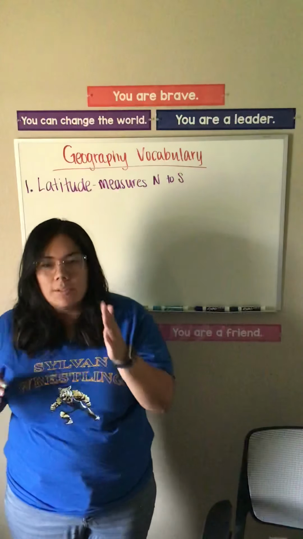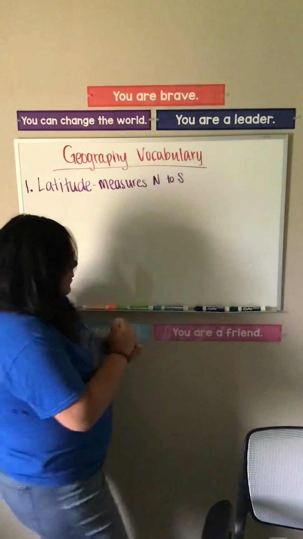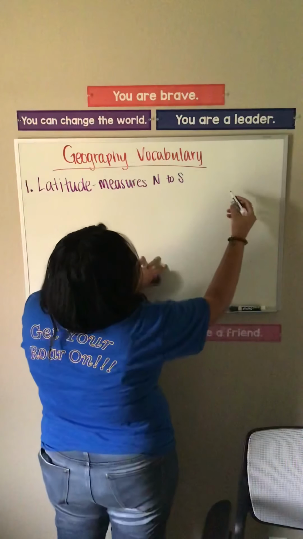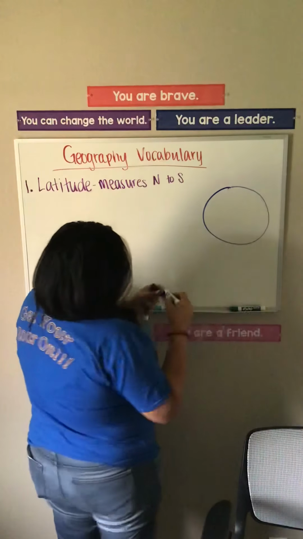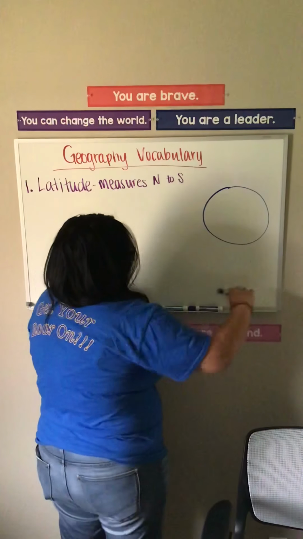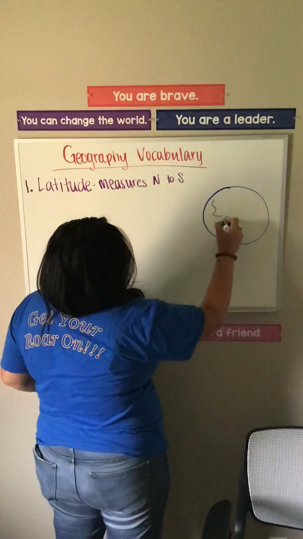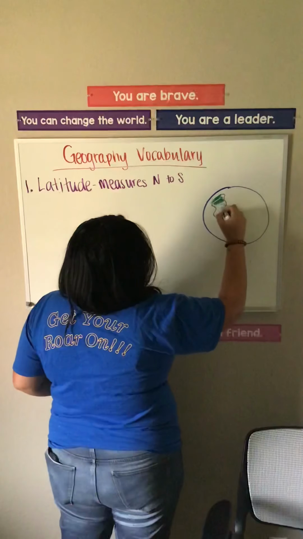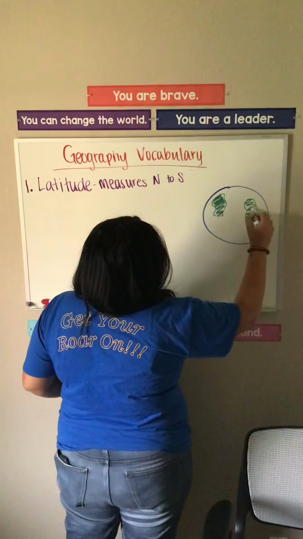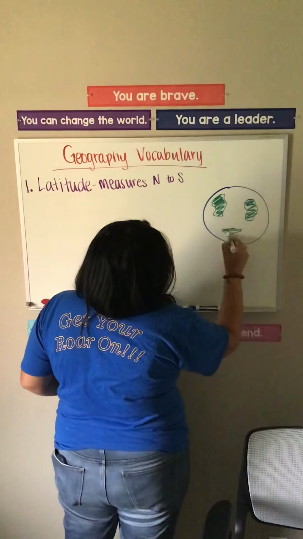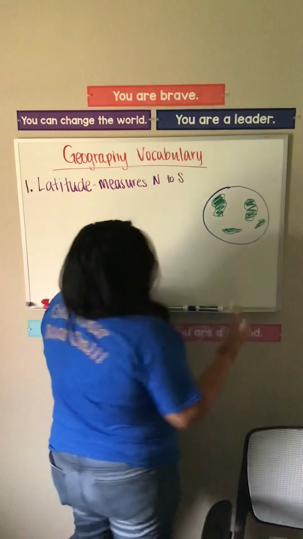So when you see lines on a globe, it'll be like this. This is our globe. I'm going to make it look like Earth a little bit. Okay, that's Earth.